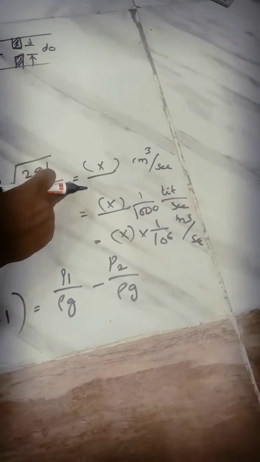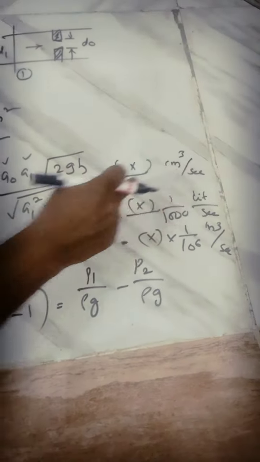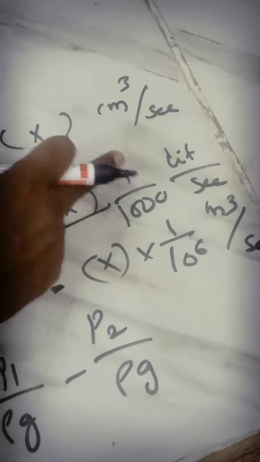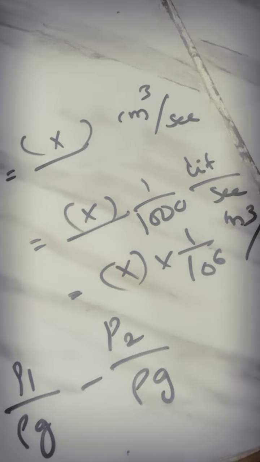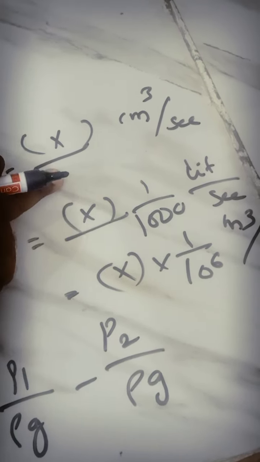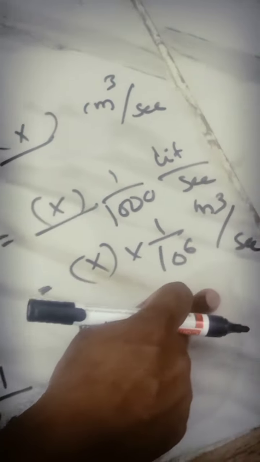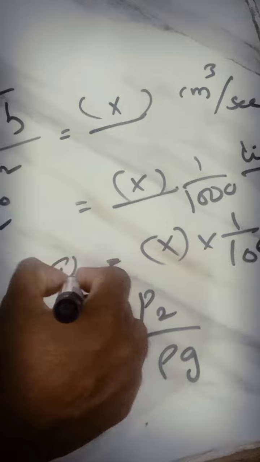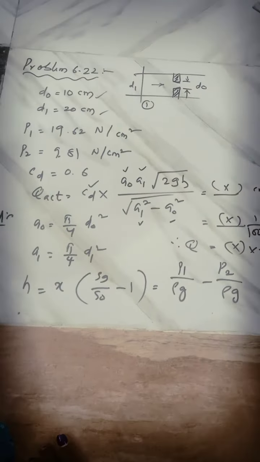So these are the discharge values in centimeter cube per second, liters per second, meter cube per second. This is our required discharge through the orifice meter as per the given dimensions.